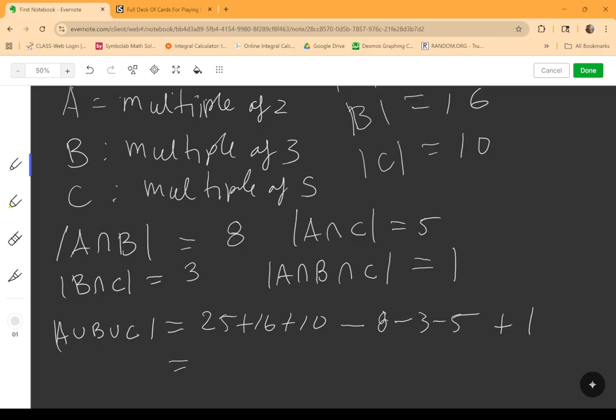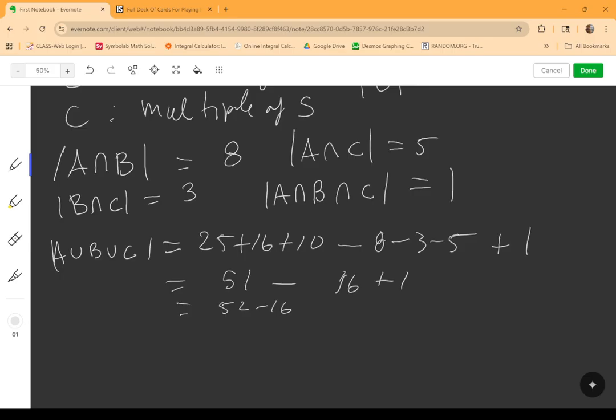This gives me a total of 25 plus 16 plus 10 is 51, minus 16 plus 1, so that's 36.